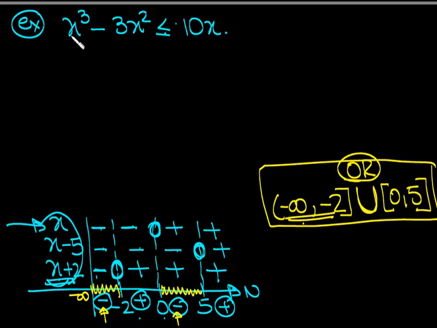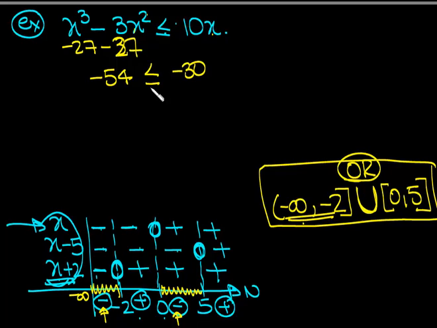If x is -3, -3 cubed is -27, minus -3 squared is 9, 9 times 3 is 27, so you get -54. Out here we get 10 times -3 is -30. Is -30 less than or equal to -54?